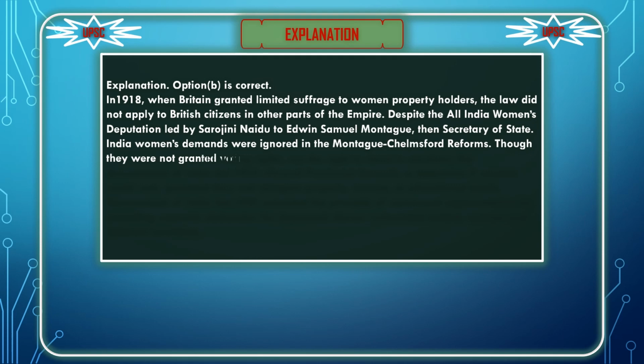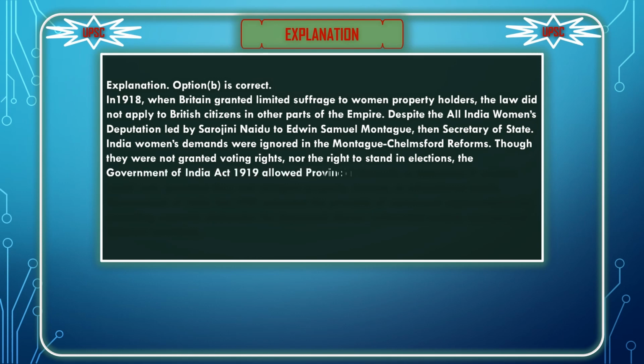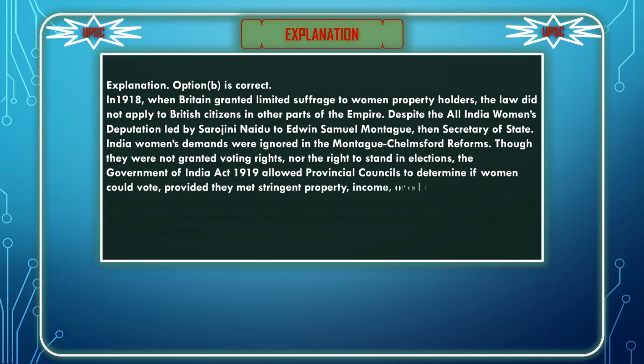Though they were not granted voting rights, nor the right to stand in elections, the Government of India Act 1919 allowed provincial councils to determine if women could vote, provided they met stringent property, income, or educational levels.